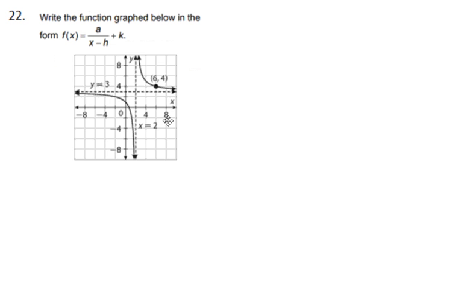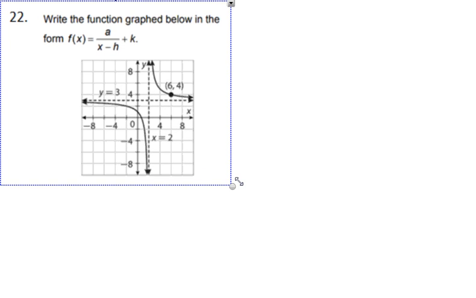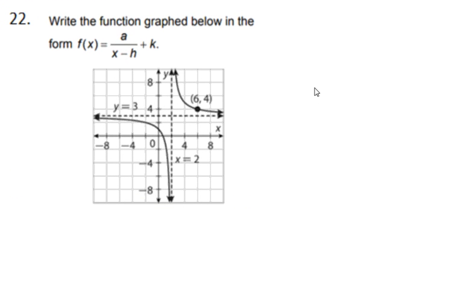Write the function graphed below in the form f(x) equals a over x minus h, plus k. And here we have h is going to be equal to 2. k is going to be equal to, looks like 3.